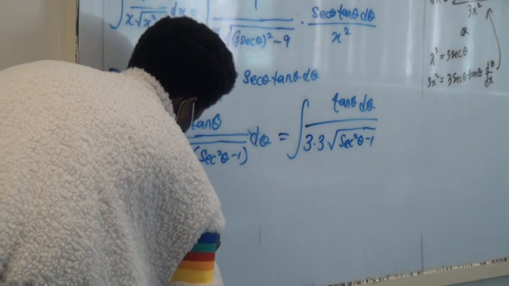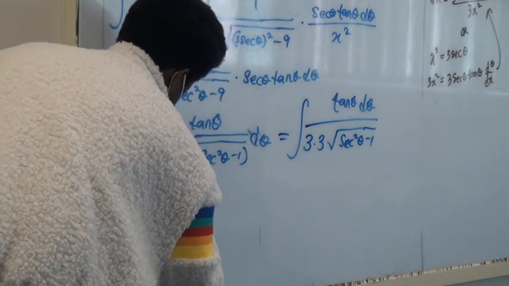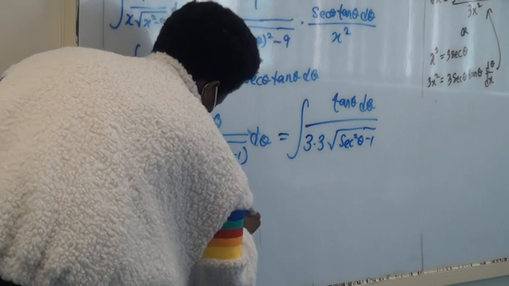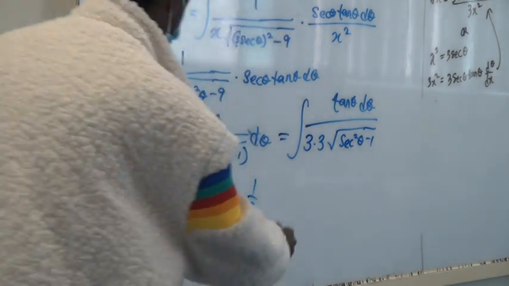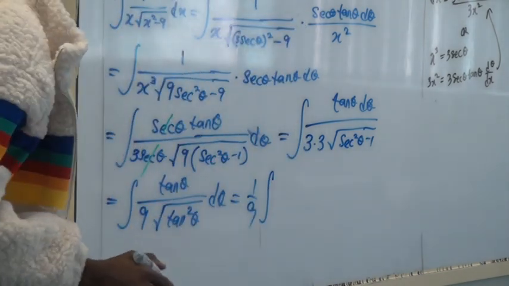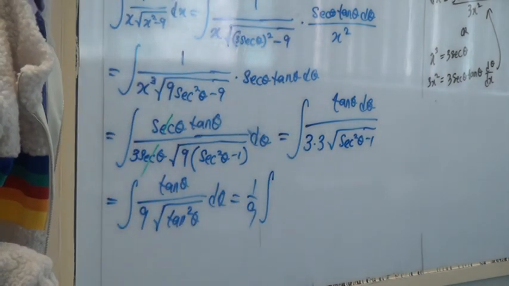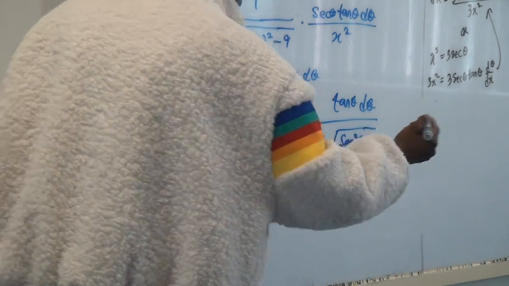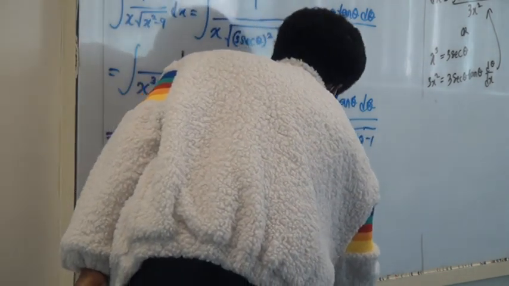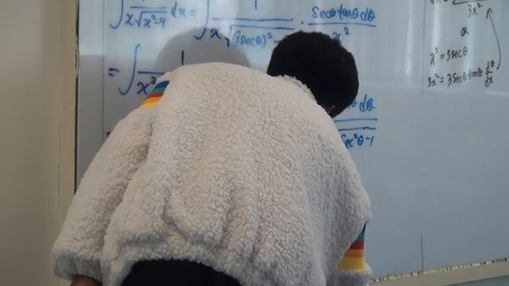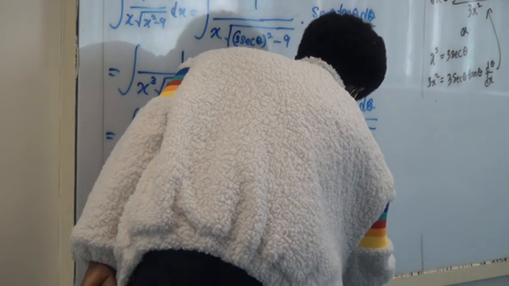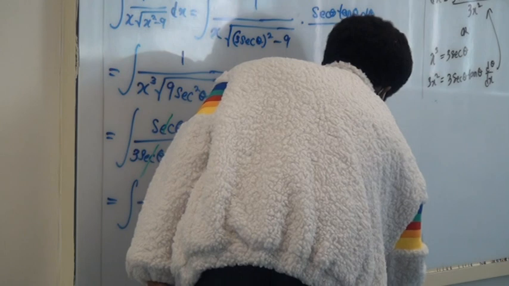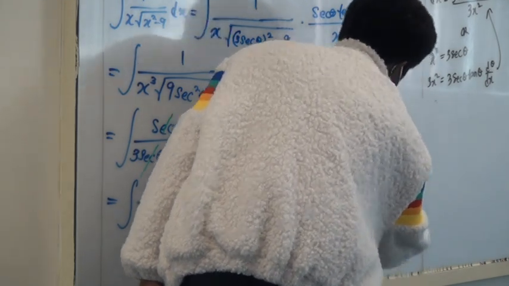You see, I'm taking it step by step. So I can have 1 over 9, correct? And inside the integral, what do I have now? Tan theta over tan theta, which is 1. Okay, d theta.